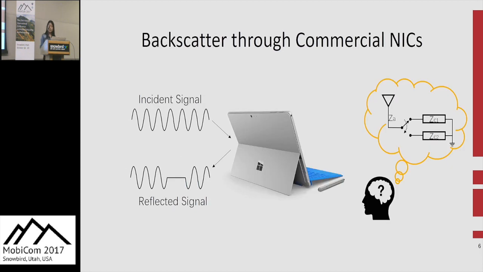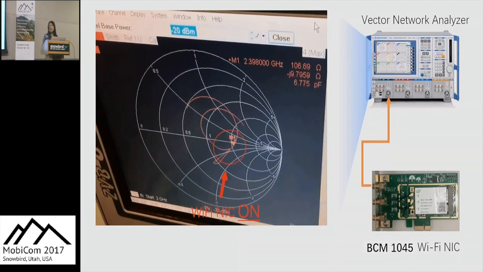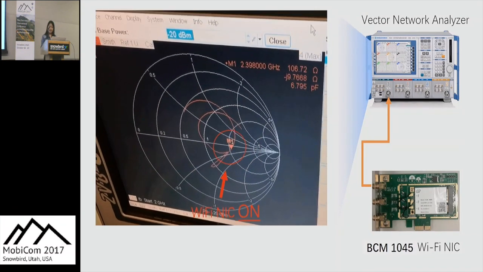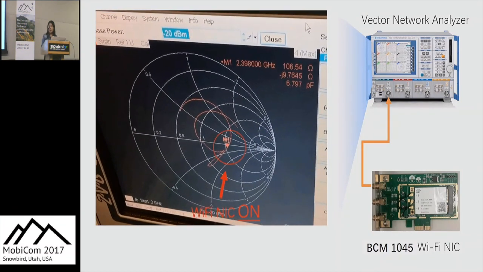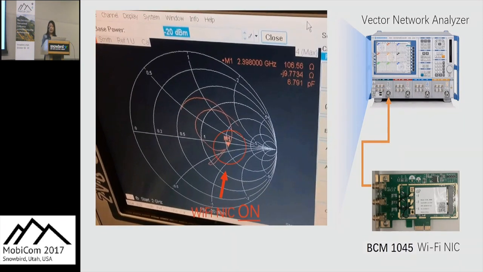However, on a commercial device, we do not have this dedicated circuit. How could a commercial device emulate the behavior of a backscatter tag? We observe that when the Wi-Fi NIC is in different working states, it has different load impedance. To do the measurement, we connect a Broadcom Wi-Fi NIC to a vector network analyzer.